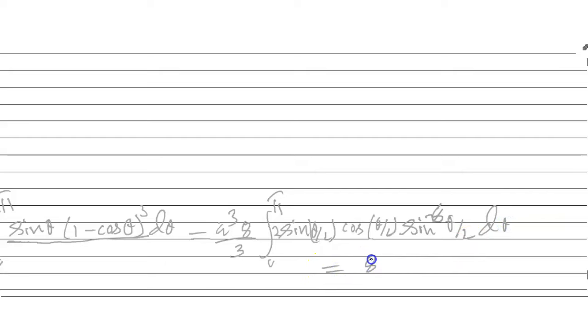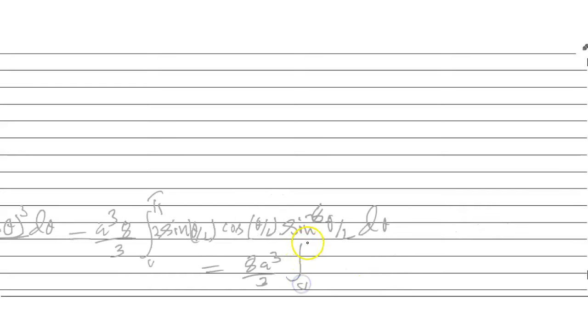So it can be written 8 a cube divided by 3 into 0 to pi, it is not 3, it is 16. This value is 16, 0 to pi by 2, sine phi and cos to the power 7 phi d phi.